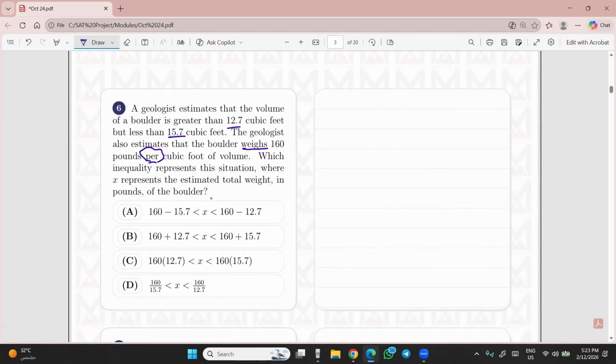So for example, if you have this equation right here, y is equal to mx plus b, you know that this m is always associated with the word per or each, or we can say rate or change or increase or decrease or slope, of course. So we see this number should always be multiplied by x.